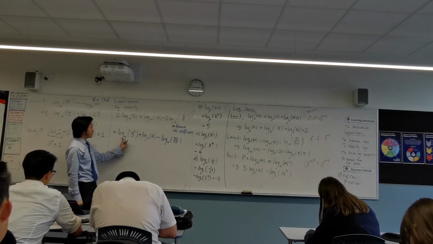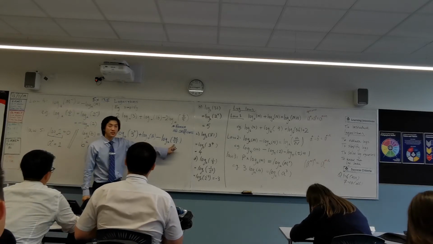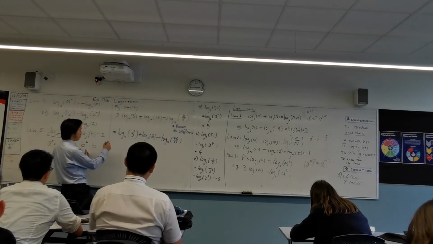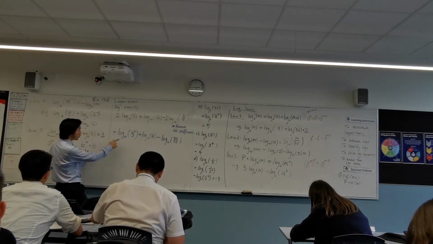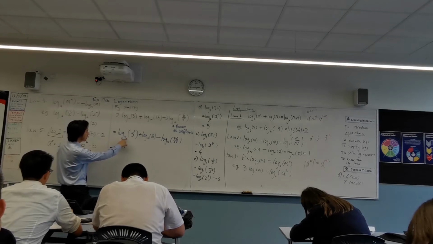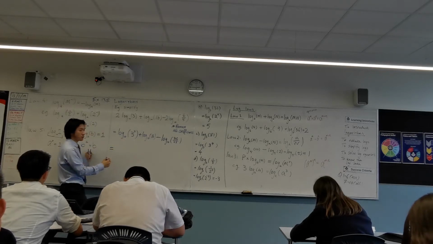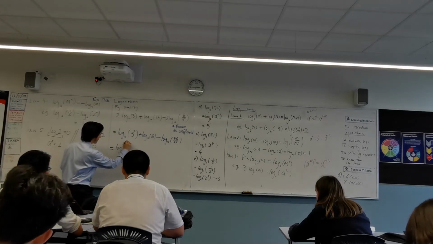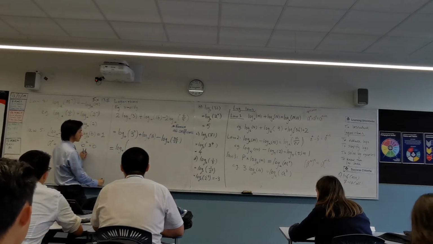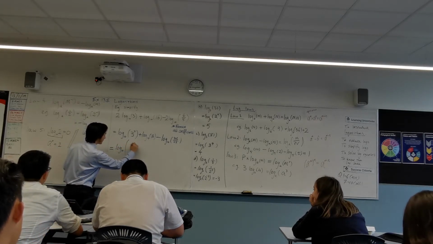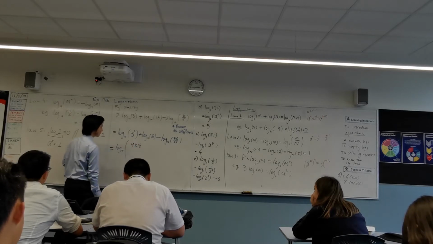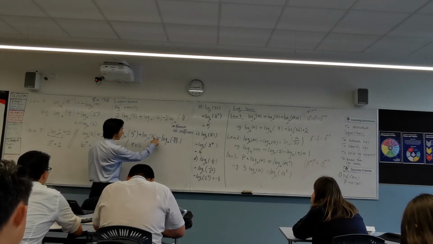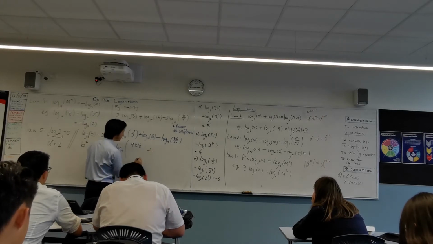Okay, we're almost there. We need to add 2 logs and then subtract a log. So let's do this all together. Now we're going to be using log laws 1 and 2. When we add together logs, we multiply their numbers together. Log base 10 of 9 times 16. And then that subtraction implies we divide.